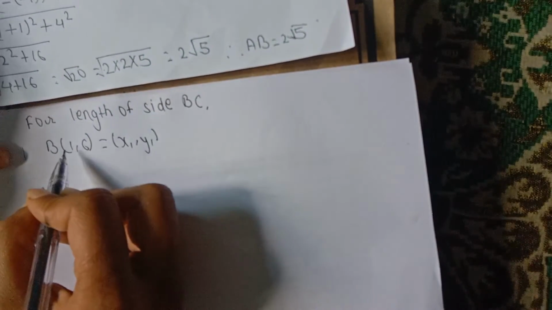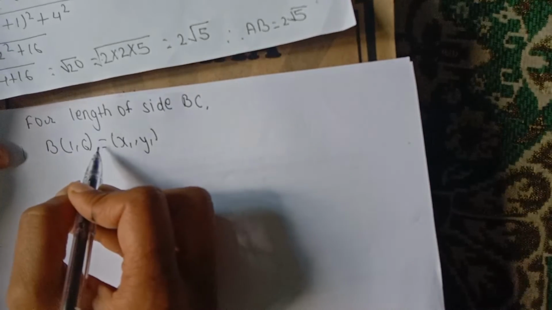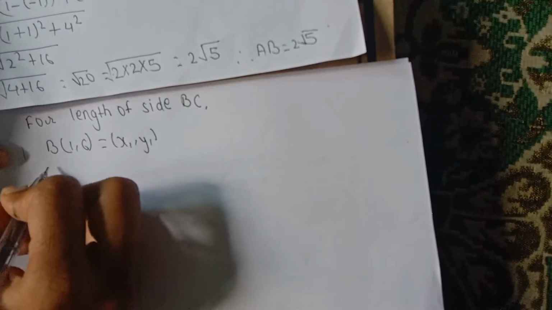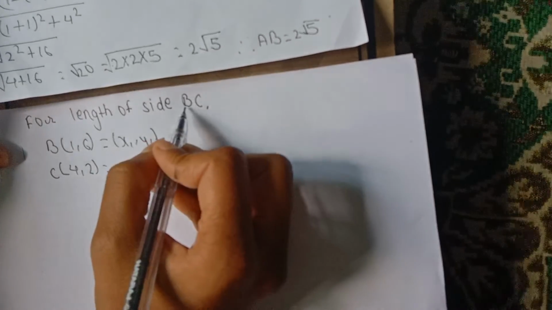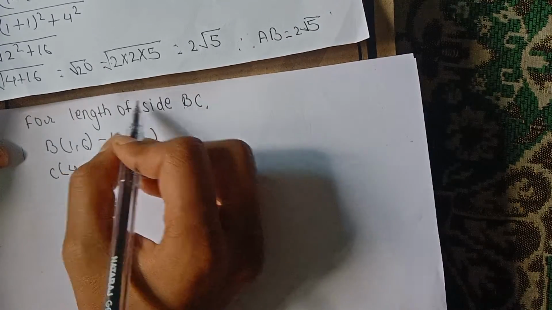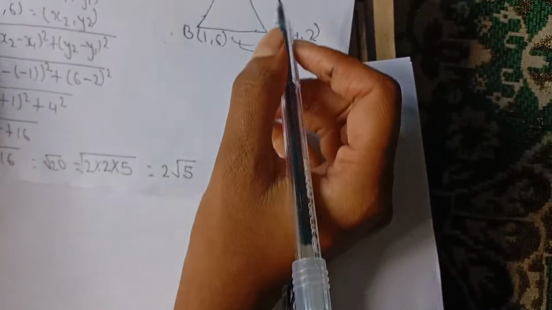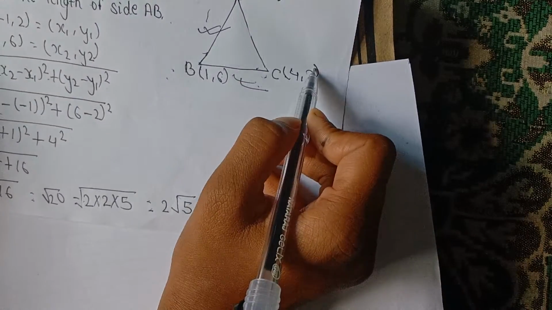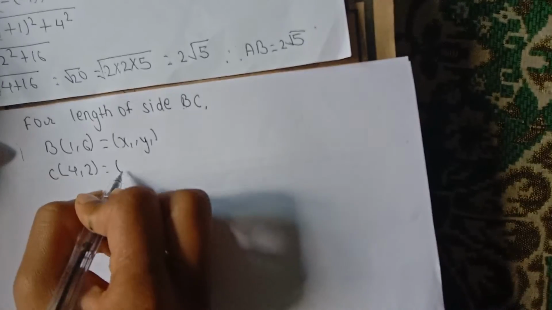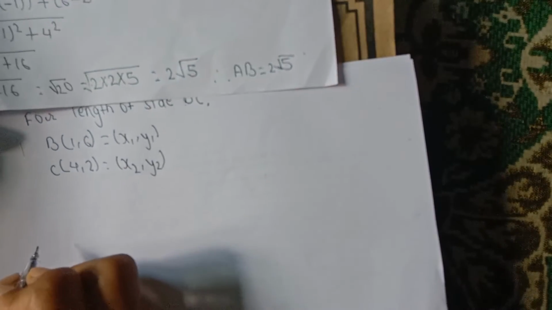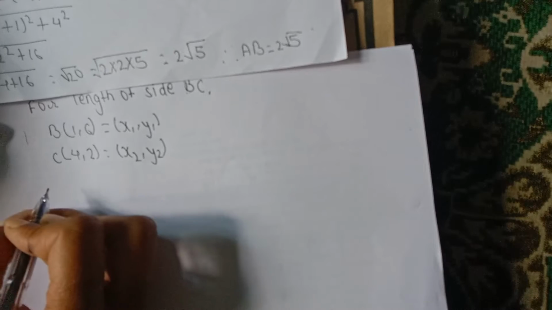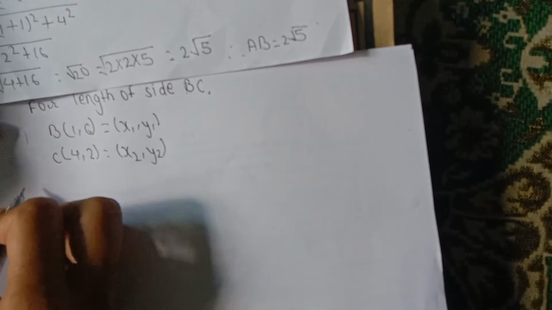So my dear friends, you know that this is x1 and this is y1. And after that, C is 4 comma 2, because we have to find BC, the length of side BC. So this is x2 and y2. After that, all this we have to solve as it is. So let me solve it.